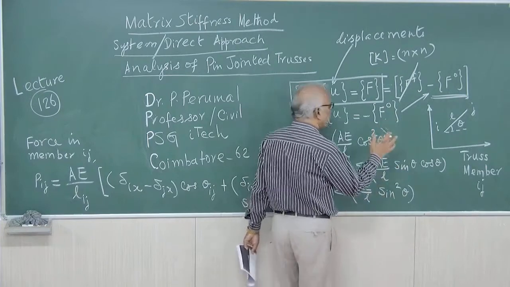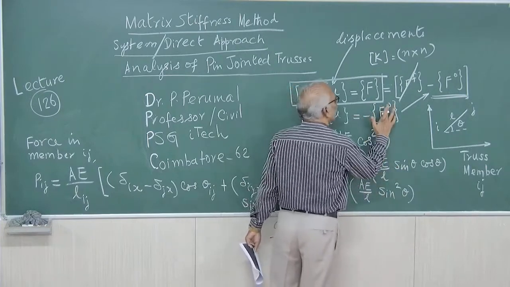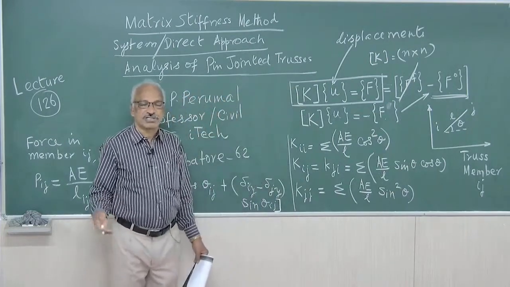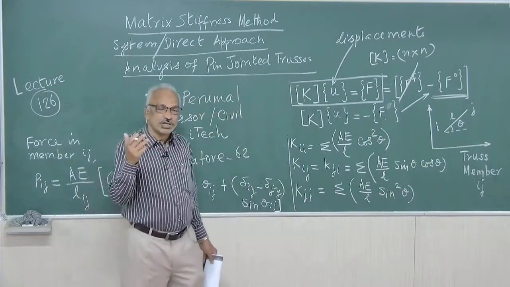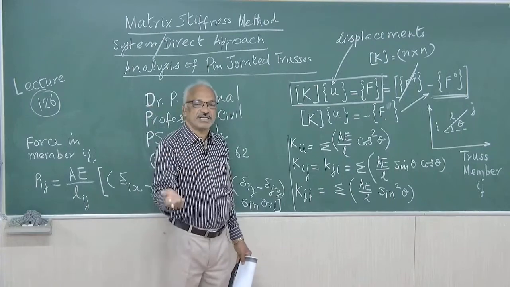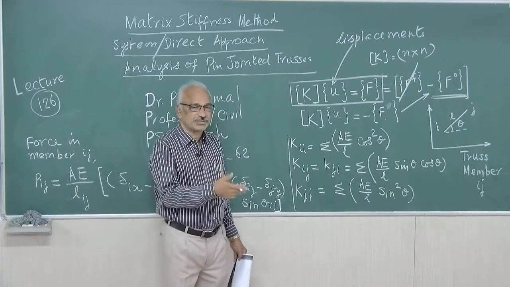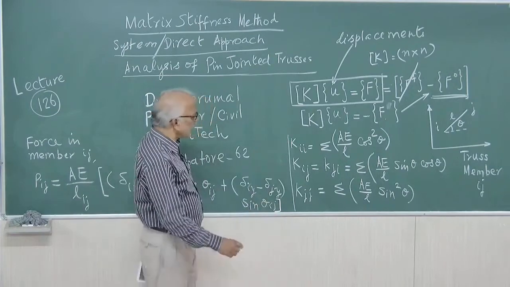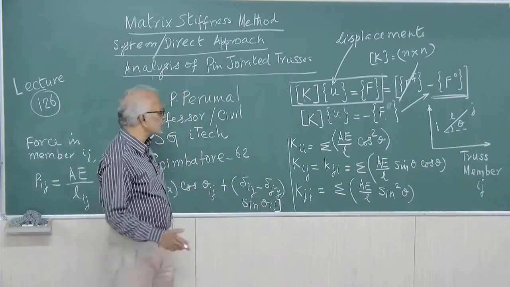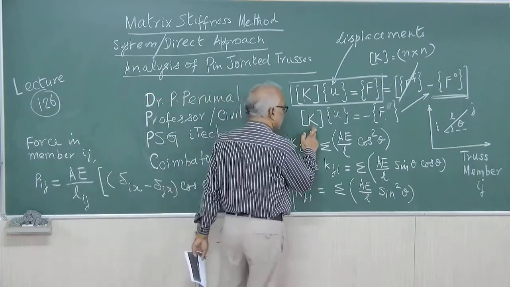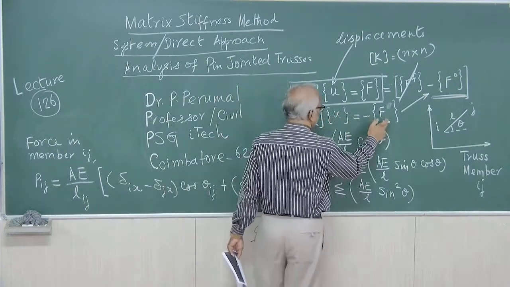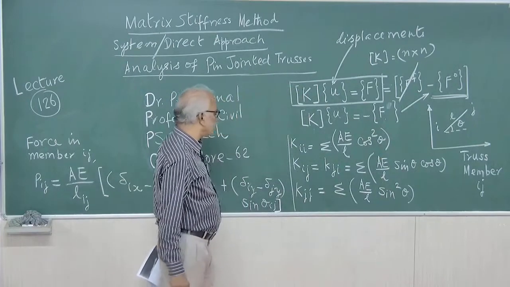Here there is no fixed end moment, which is why it will be simply given as F. Therefore, viewers need not get confused why we used K into U equal to plus F in the earlier problems and minus F in this problem. As usual, the equation consists of the stiffness matrix, the primary unknowns, namely displacements, and the force vector, right?